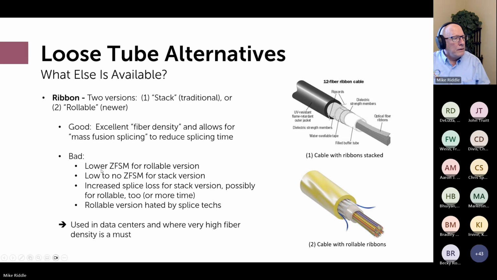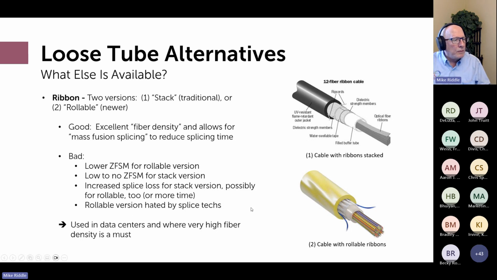But you lower the zero fiber strain margin in the rollable version, you still can get some. You have no zero fiber strain margin in the stack version. And you've increased your splice loss, especially with the stack version, and probably for the rollable version too, depending upon how you do the splice.